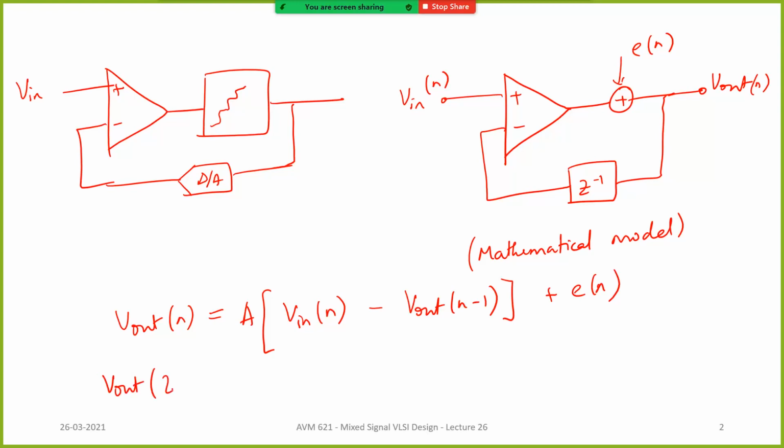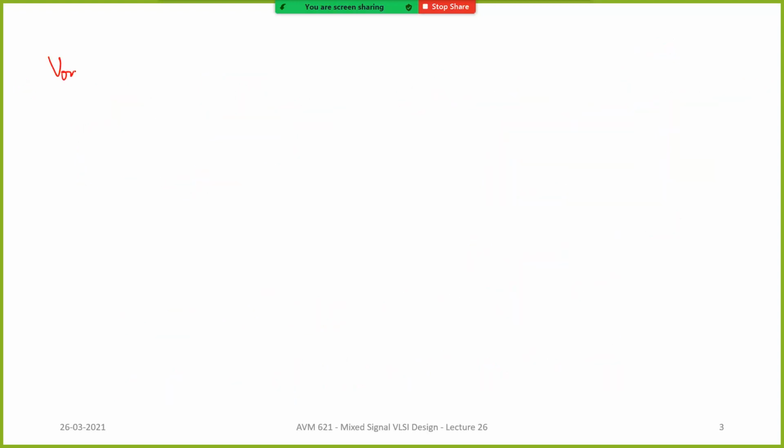All right. So let's write it in the Z domain. V out of Z can be written as A times V in of Z minus Z inverse times V out of Z, plus E of Z. You can brush up your signals and systems basics. Rearranging this, what will you get? V out of Z into 1 plus A is equal to V in of Z into A plus E of Z. Correct?